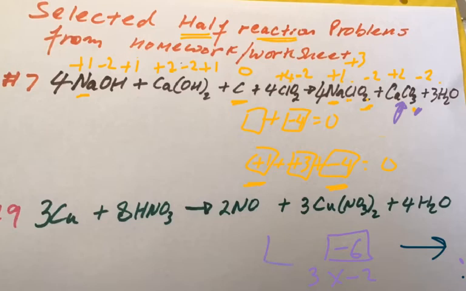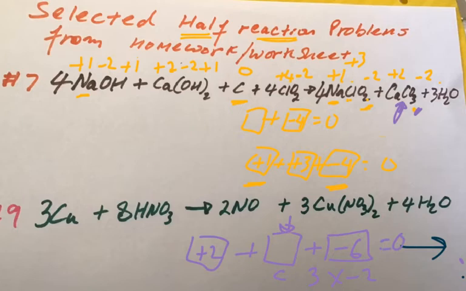Okay, we don't know what that carbon is, right? But we do know what the calcium is. So calcium is +2. Plus carbon, which we don't know, and the three oxygens give us -6. So what do we put in this box, folks, to make everything 0?